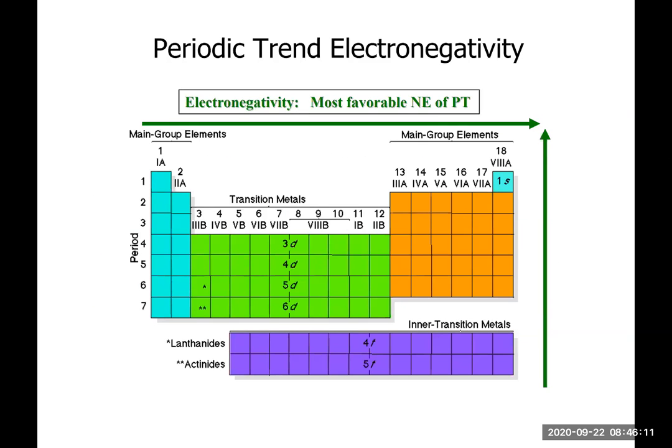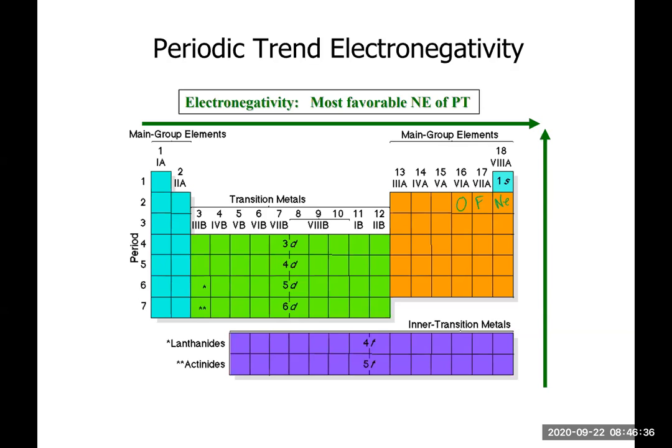And this slide is just showing you that increase of electronegativity from left to right and bottom to top, which again makes sense because species over here like fluorine or oxygen that are very, very close to the noble gas neon are going to want to gain electrons so that they can get that electron configuration.